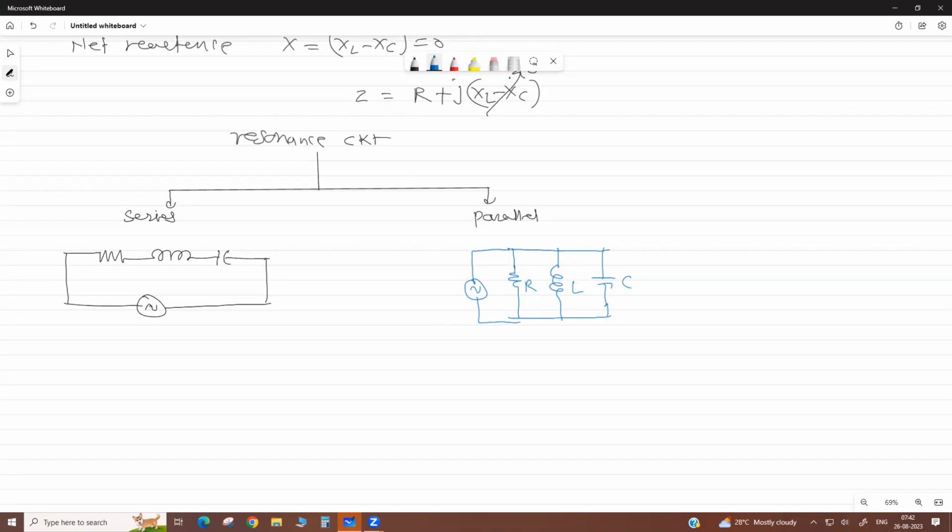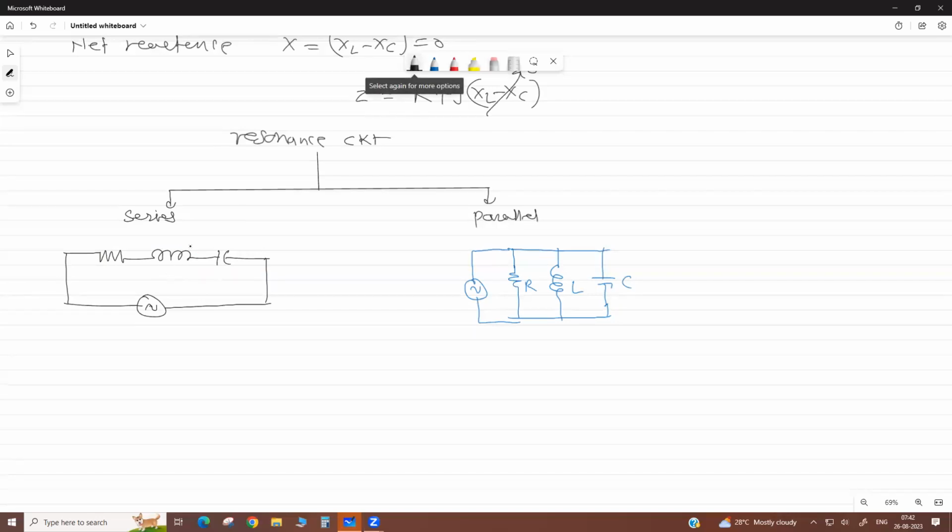Now actually, sometimes this R is not external. It is a coil, a practical coil, and this is its equivalent circuit. Suppose a coil is connected with a capacitor. This coil has a resistance and inductance actually. So this forms a resonance.